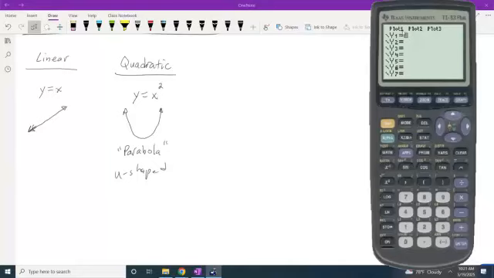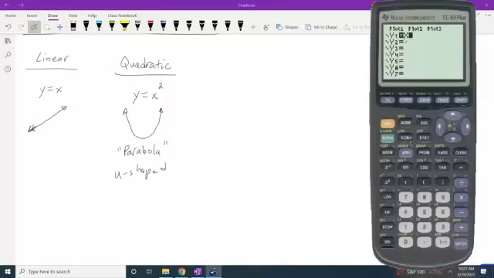All right, so I'm in Y sub 1, and if I were to put in Y is equal to X, so notice on this calculator, on this second row, that second column over, you see where it says link, and under link it says X, T, theta, and N. By default, when you hit this key, it should automatically pop up X. If it pops up something other than X, you need to reset the calculator. So is everybody able to press this key and then X pops up? Because if you're in the wrong setting, a T might pop up, a theta, or an N.